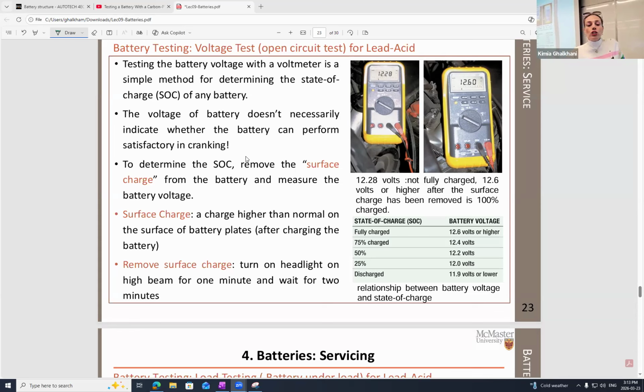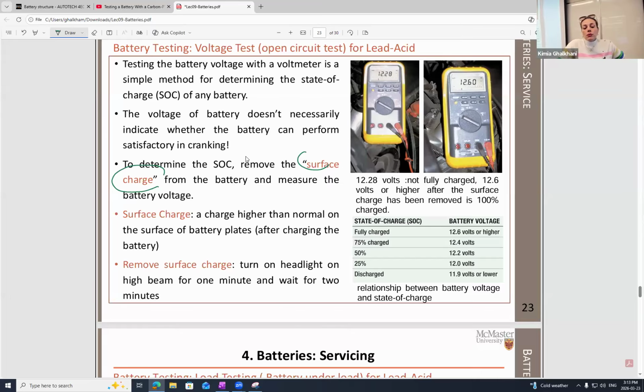But there are situations where we may look at the surface charge. Surface charge is a situation where your battery reads more than the actual given voltage or nominal voltage of the battery. And why is that happening? In fact, I would say for lead acid batteries, this is normal if you have surface charge.